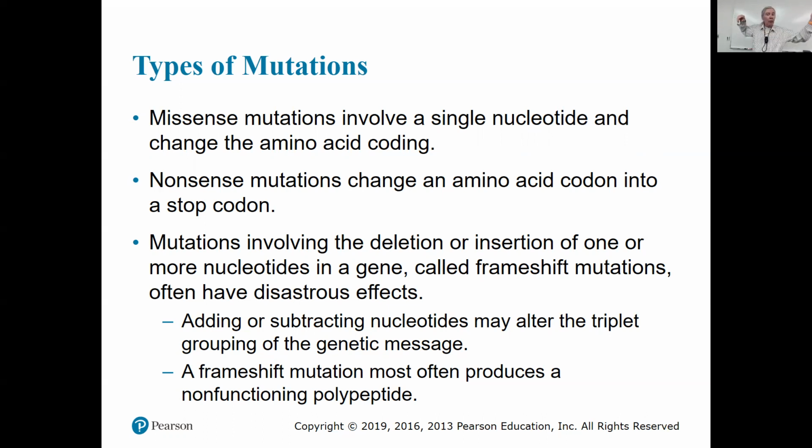So you can think of upstream and downstream. Upstream is toward the start codon. Downstream is toward the stop codon. So if you have an insertion or deletion here, then every nucleotide downstream from it is changed.